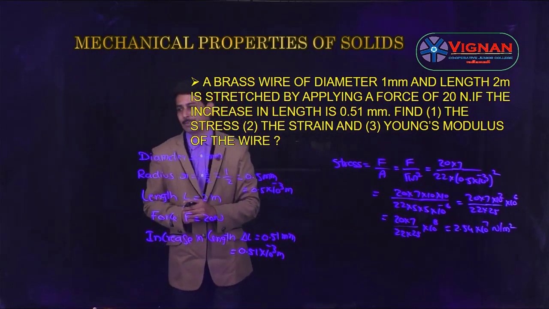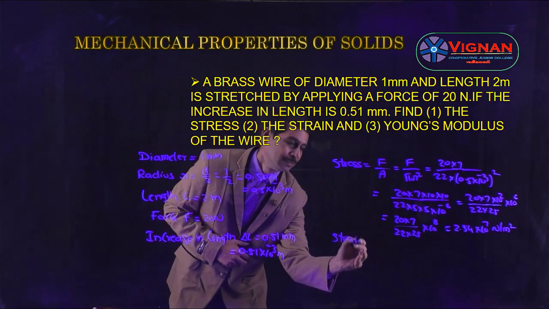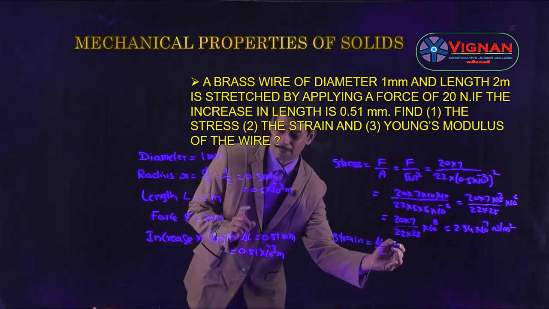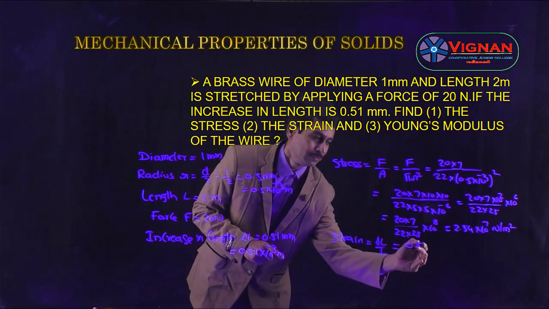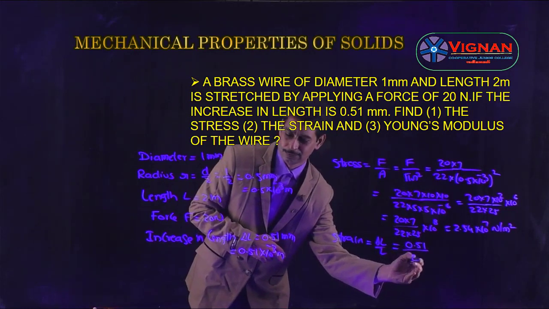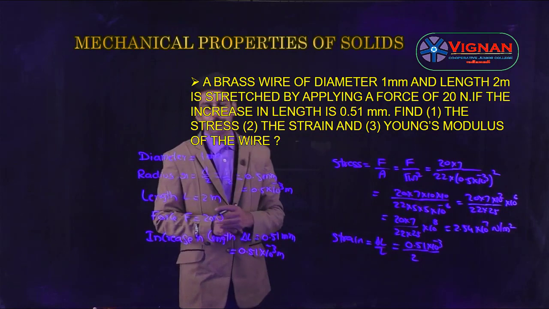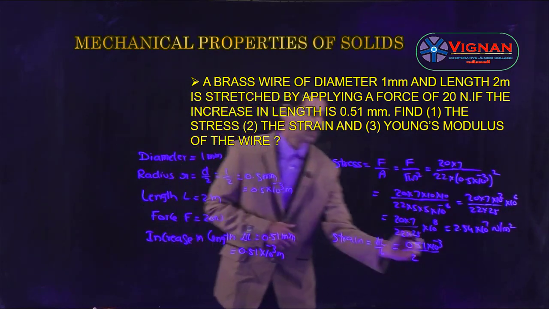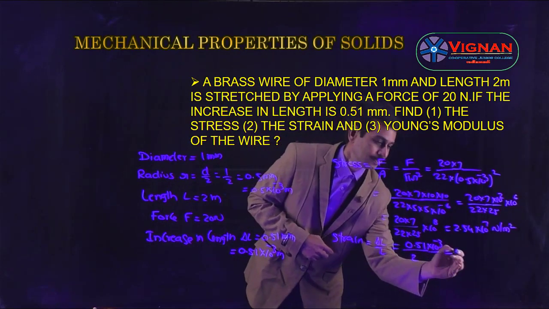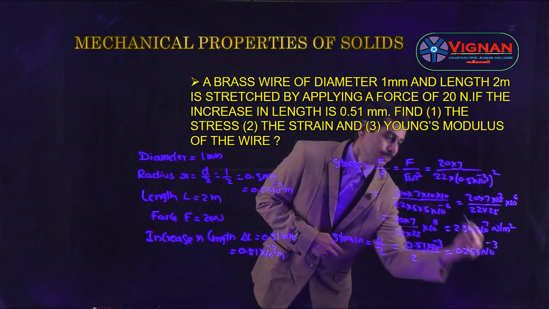In the second part we are going to find the strain, and strain is delta L by L. Delta L is 0.51 into 10 power minus 3 divided by L, which is 2 meter. By calculating this we get 0.255 into 10 power minus 3. So this is the strain.